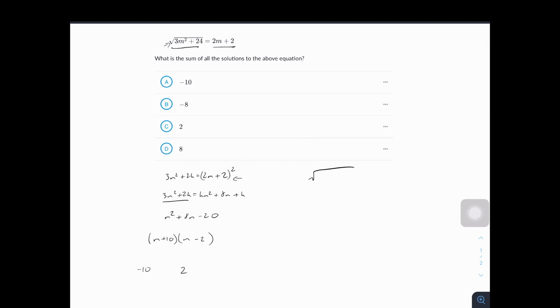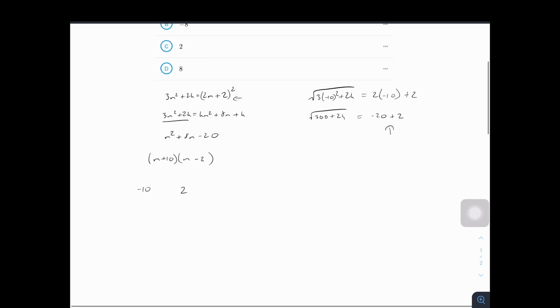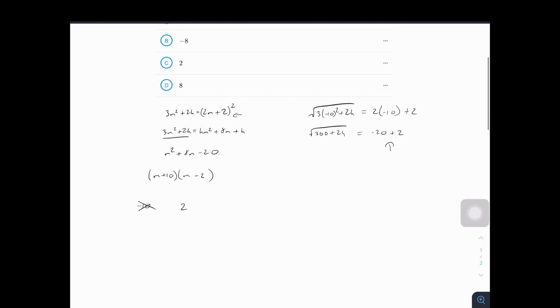So square root of 3 times negative 10 squared plus 24 equal to 2 times negative 10 plus 2. Negative 10 squared is 100, so 300 plus 24 is equal to negative 20 plus 2. And we can already see that this side is going to be negative, so negative 10 is not a valid solution. And let's check 2.